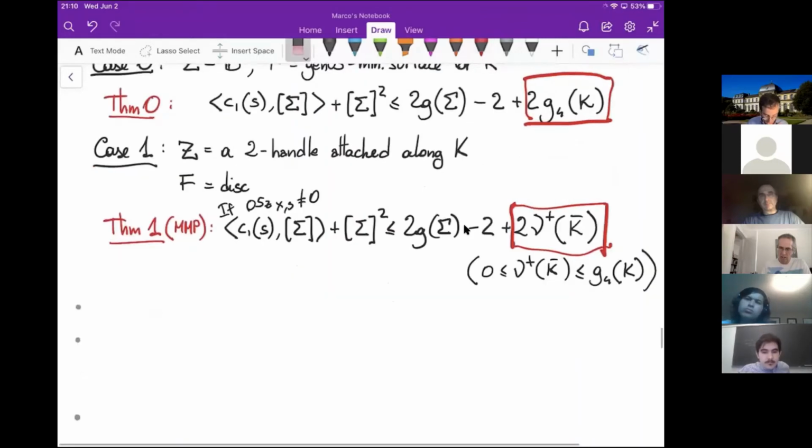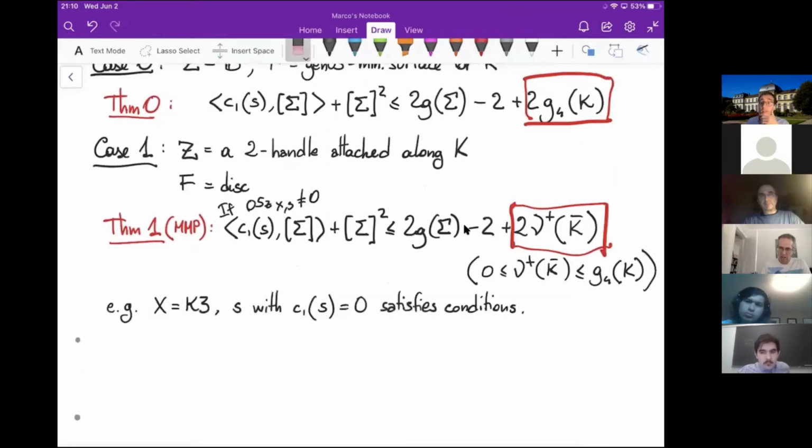So here is some comparison. If you choose X to be the K3 surface and S the spin structure on K3, it's actually the canonical structure. So c1 of S is 0, and it is proved that the Ozsváth-Szabó invariant is non-zero.